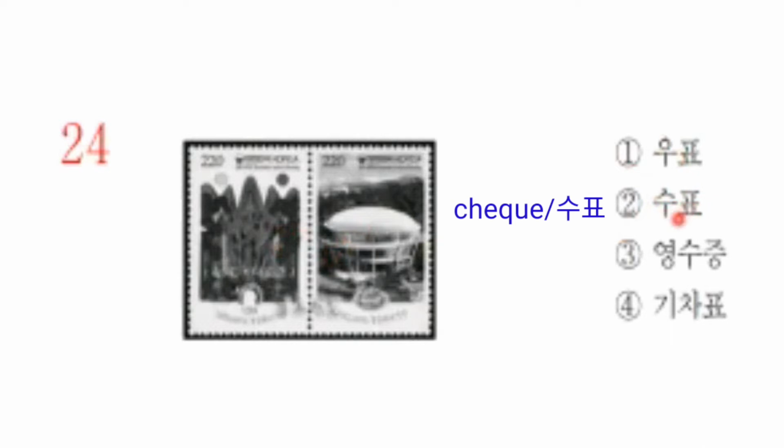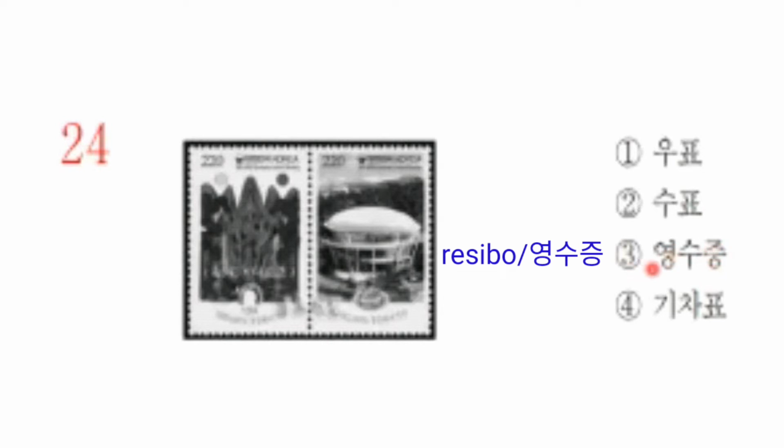Supyo means check. So check guys. Next, number 3 is 영수증. A while ago, 영수증 means resibo, receipt. It's not stamp. Number 4 is 기차표.